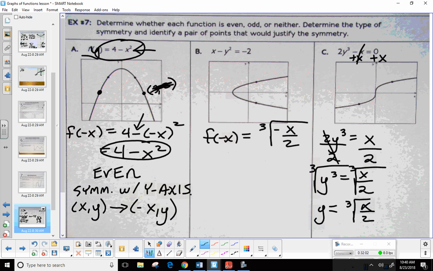So x is just a number, right? It represents some location on your x-axis. So x divided by 2, that's just some numerical value. Okay? So here's my question. Can you take the cube root of a negative? Okay, yes. Remember, it only goes imaginary if it's in a square, like an even root. Square root, fourth root.